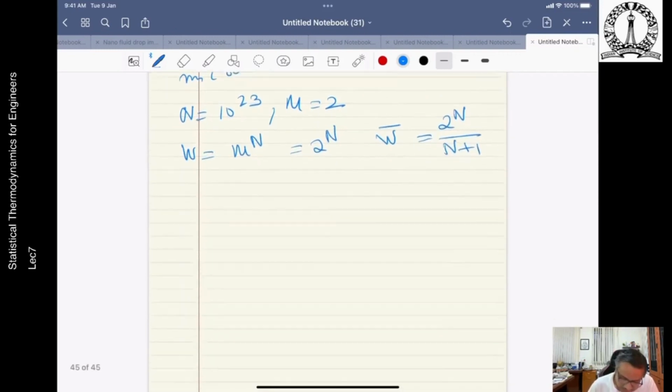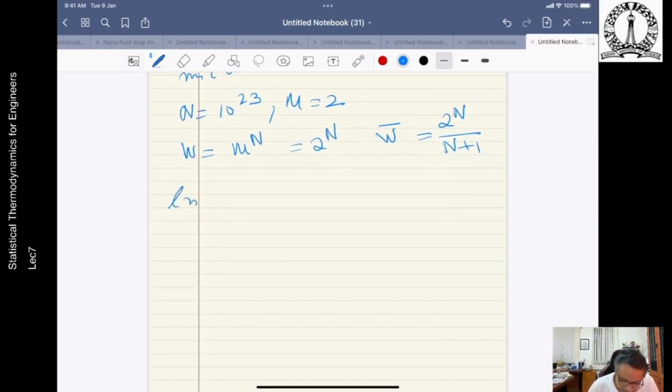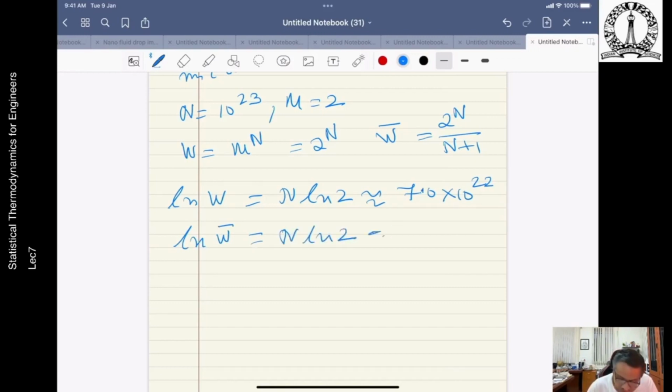If we look at it carefully, ln W, the natural log of W, is n ln 2, which roughly translates to about 7.0 into 10 to the power of 22. ln W bar, the logarithm of the mean number of microstates, is ln W minus ln of n plus 1, which is 7.0 into 10 to the power of 22 minus 53.